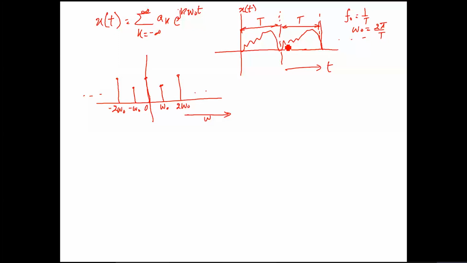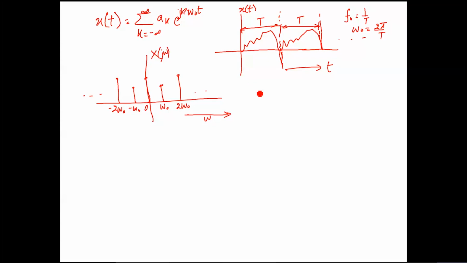If you want to know the frequency contents which are present inside that x of t, and you do, let's say, take the Fourier transform and plot on the omega axis, you will notice that it will have frequency contents which are multiples of the fundamental frequency. They are going to be multiples of omega naught. In between, it cannot have any other frequency content.